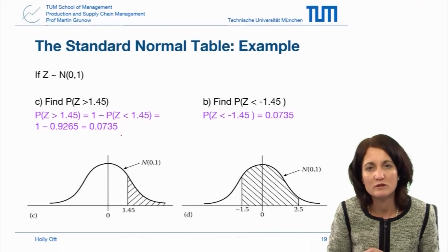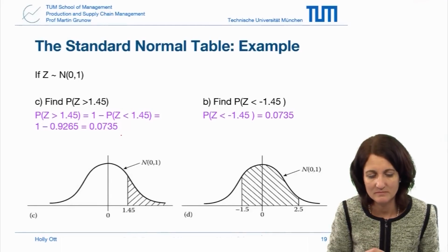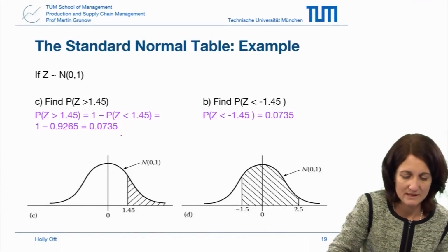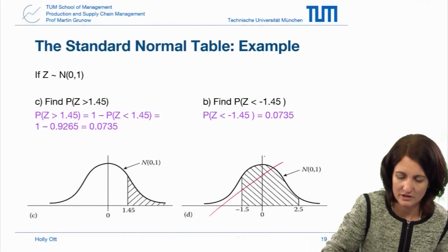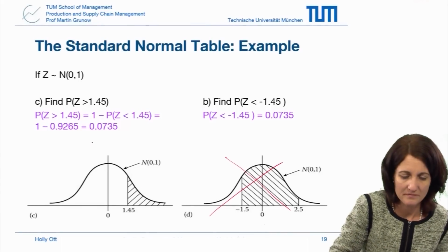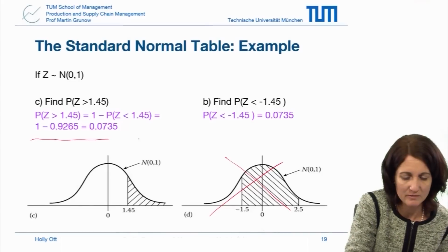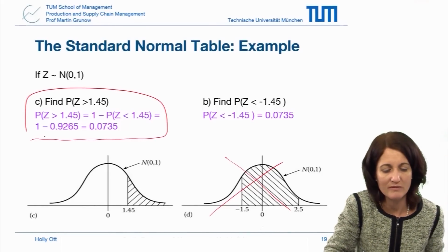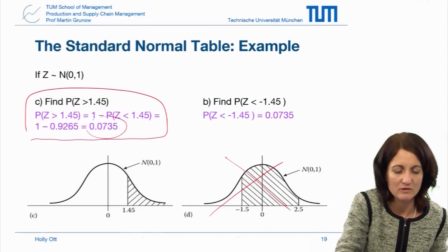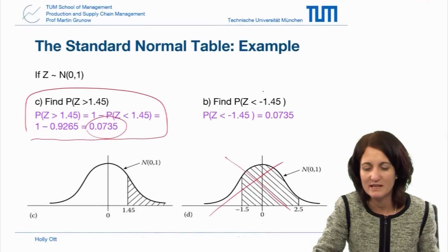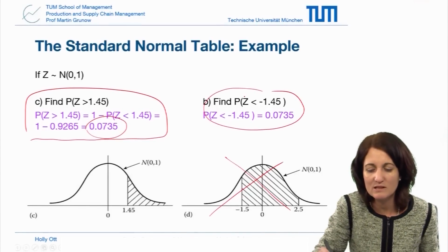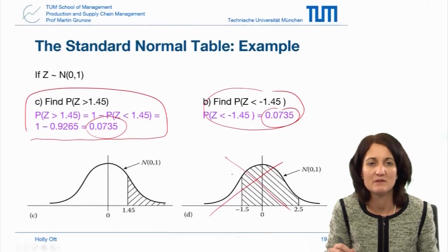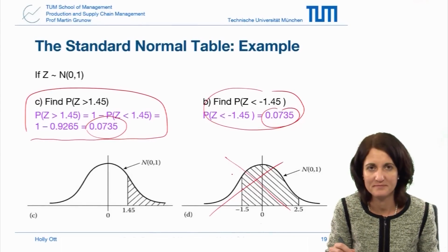That's what we got before. Here, excuse me, this is the wrong picture. From before, this is what we just calculated: the proportion that Z is greater than 1.45 is equal to 7.35%. The proportion that Z is less than minus 1.45 is also 7.35%.